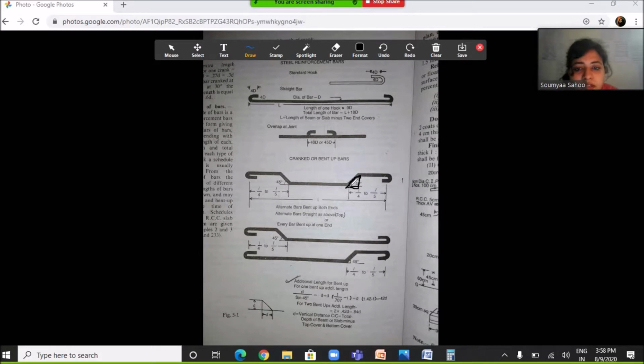So how can we get the value of the hypotenuse? See, here this angle is 45 degree and this is a right angle triangle.